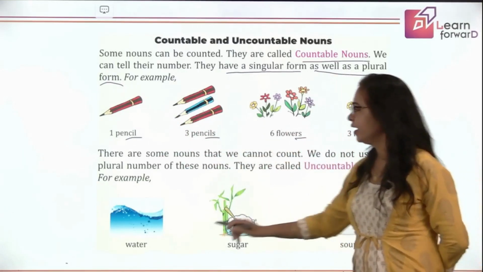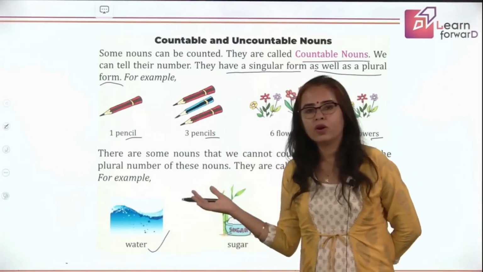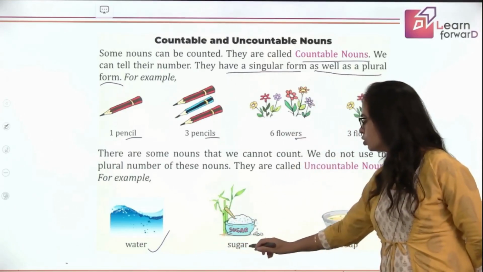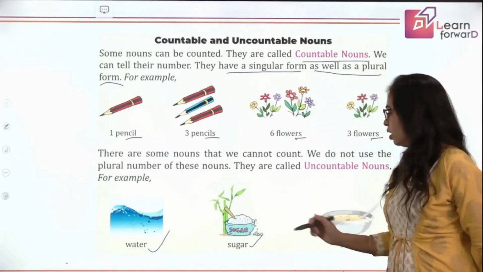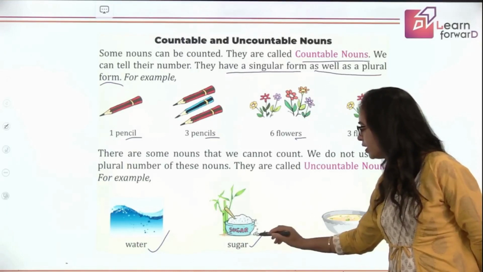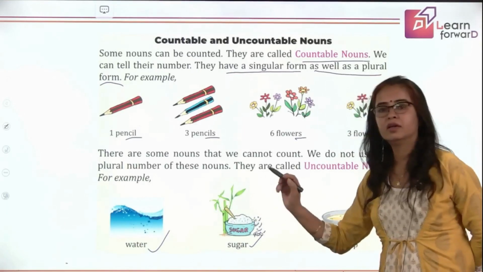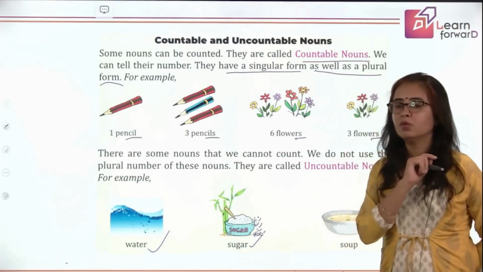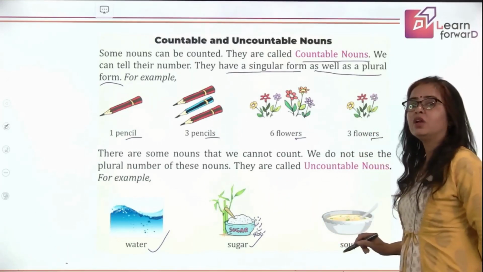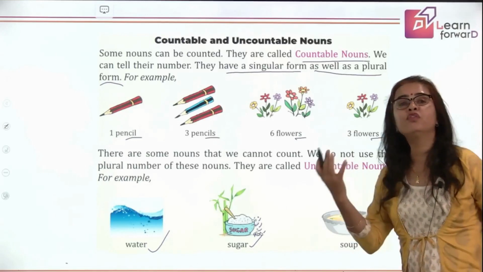But when I talk about water, you cannot count. When I talk about sugar, you cannot count. What you can count are these grains of sugar. Can you see 3, 4, 5, 6, 7, 8, 9? So I am counting the grains, I am not counting sugar. Similarly, when I talk about soup, I want 4 bowls of soup.